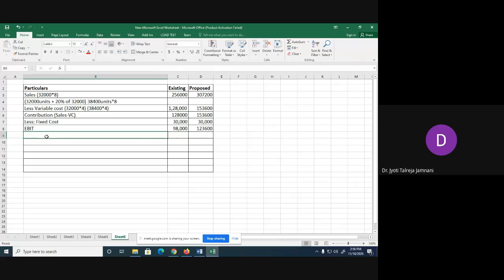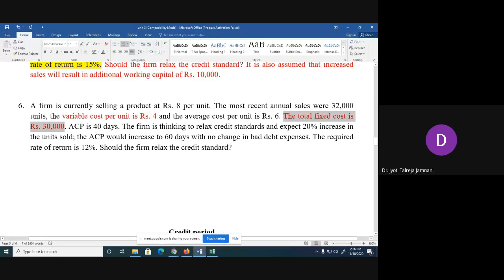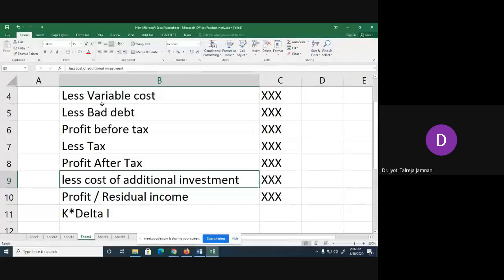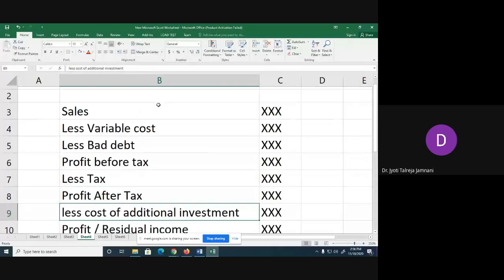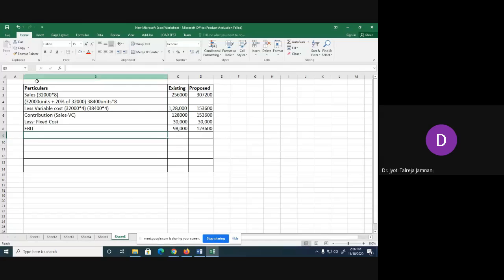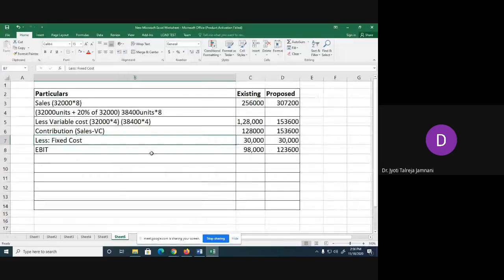In the question they have not mentioned anything about bad debt. That's why I'm not taking it, and I directly found the EBIT. If bad debt was given, remember the format: after variable cost we less the fixed cost and then we less the bad debts. So here after fixed cost I'd have to do less bad debts. Okay, so EBIT we have got, we'll do less tax.